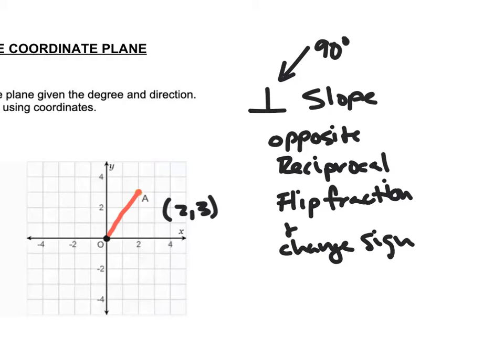In this, we want to think about our rise over run. This is a slope of up 3 over 2, so our original slope is 3/2. Now, if I wanted to find my perpendicular slope, I'm going to flip my fraction and change the sign, and that's going to give me -2/3.